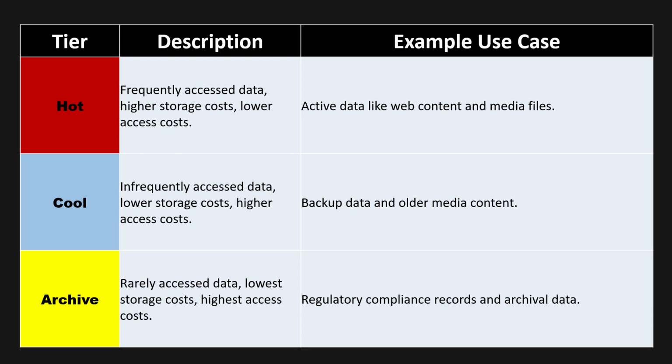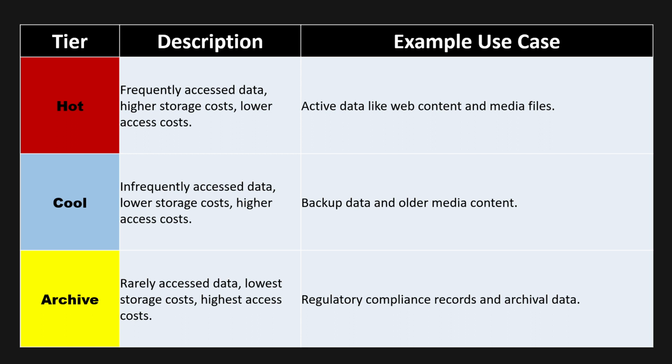The third tier we have is the archive tier, in which the data is accessed very rarely, not that often. So we can use the archive tier, and it has the lowest storage cost but the highest access cost.